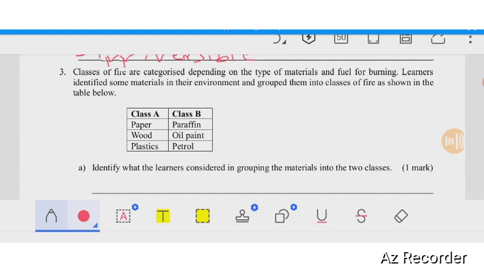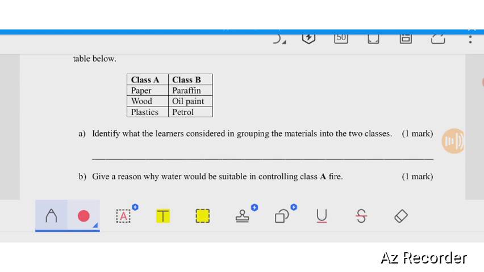Classes of fire are categorized depending on the type of material and fuel for burning. So there are 2 here. They said they are categorized according to the type of material or the fuel for burning. So learners identified some materials in their environment and grouped them into classes of fire as shown in the table below.